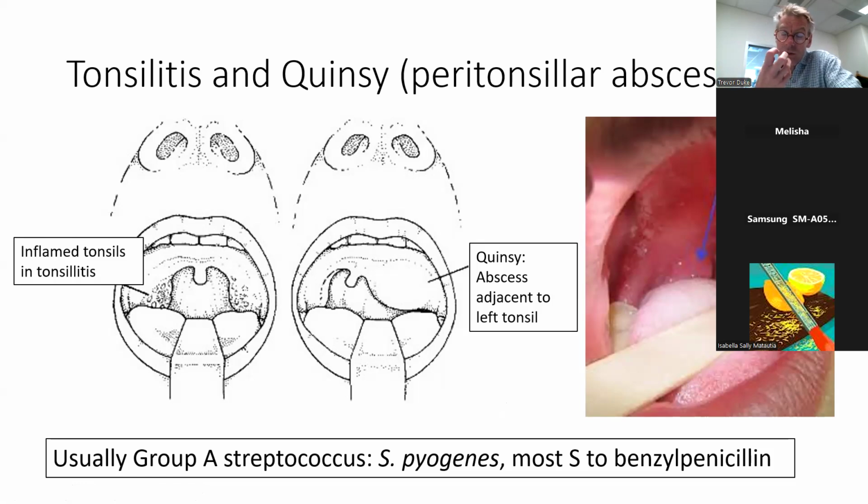The other ones are obstruction with enlarged lymph nodes, which is a bit similar to a Quinsy or a severe tonsillitis, and occasionally a foreign body that gets lodged in the supraglottic airway, which can also cause that type of presentation, that snoring, that throat pain, etc.